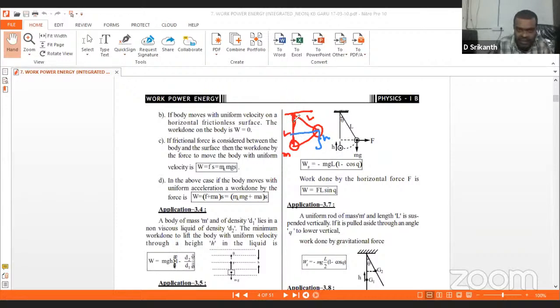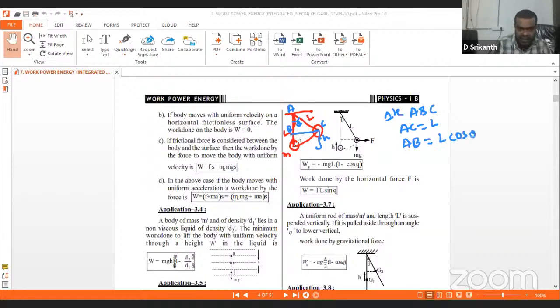In order to find it, we have a triangle ABC. In this triangle ABC, AC is equal to L. At B it is a right angle, so AC will be the hypotenuse. So I can write AB as L cos theta.